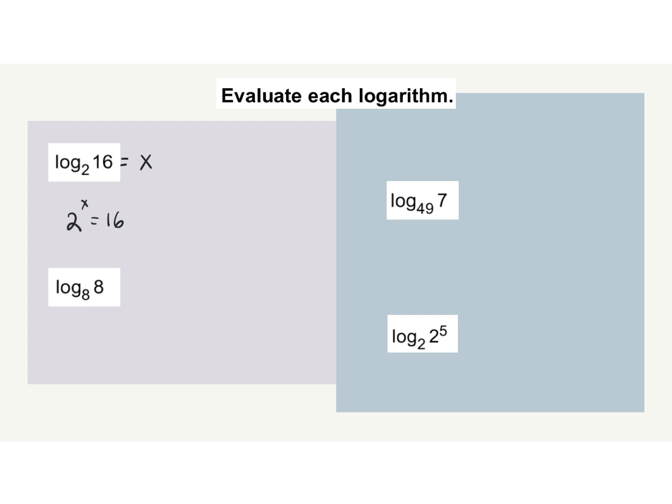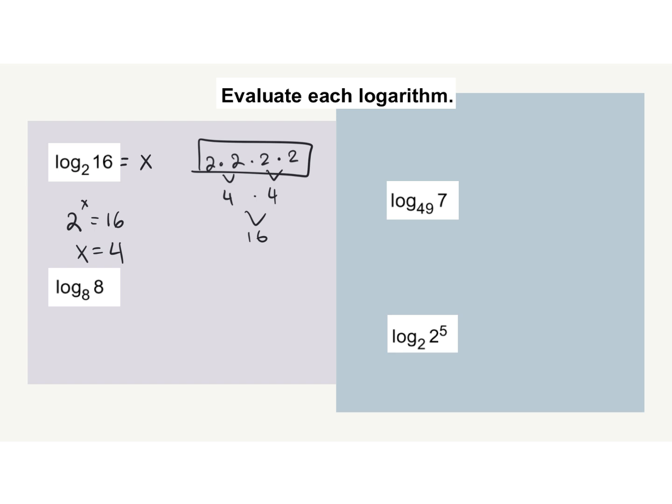So what number gives us 16 if we raise 2 to it? Let's figure it out. We have 2 times 2, that is 4, times 2 times 2, that is 4, 16. So we have 4 2's. So our x is going to equal 4 because 2 to the 4th power equals 16.